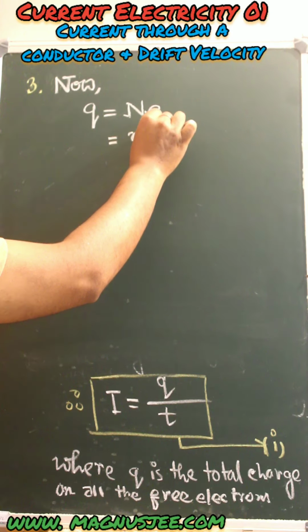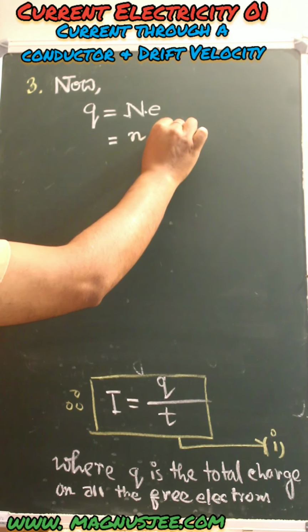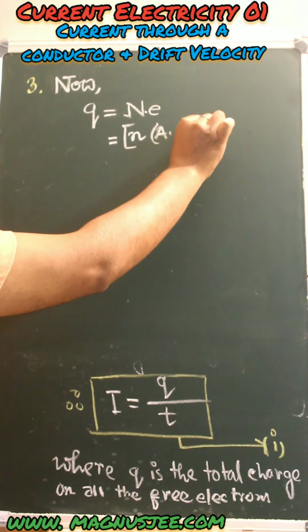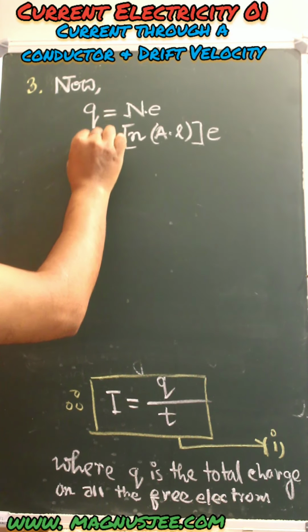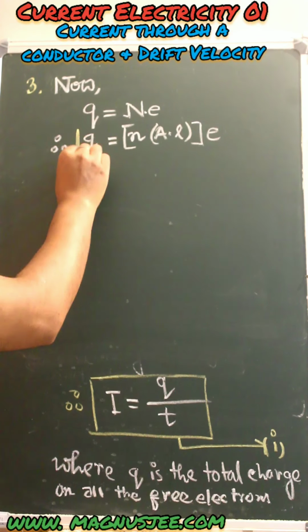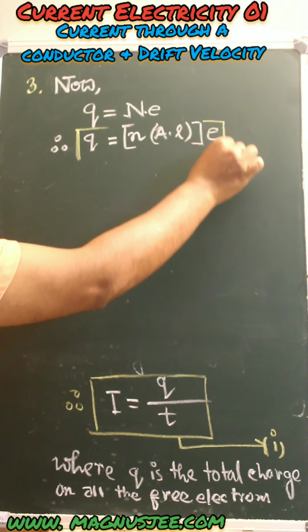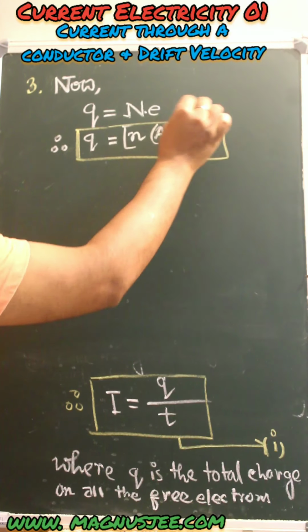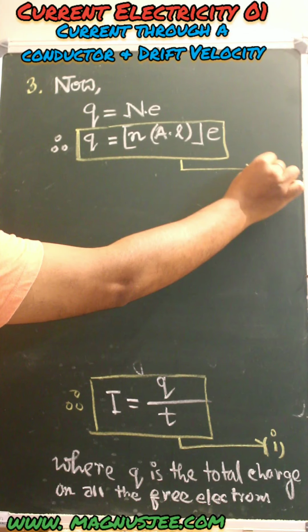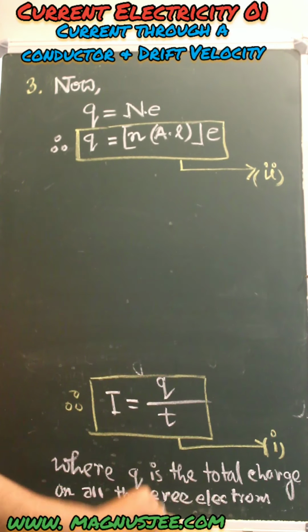And N can be written in terms of free electron density small n. So in place of N, we can write small n A dot L, where A dot L is the volume of the conductor. So finally we get Q as n A L e. This is equation 2.